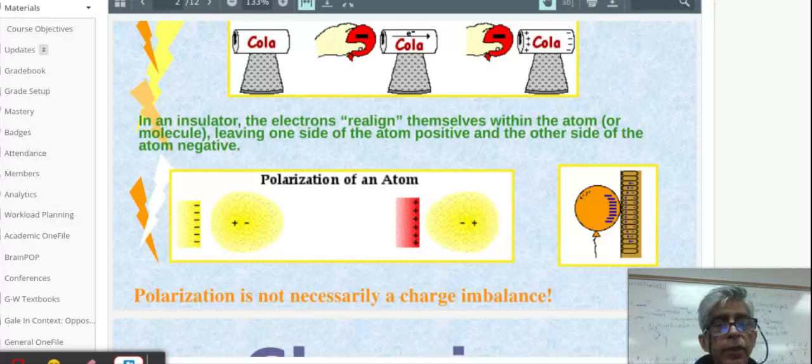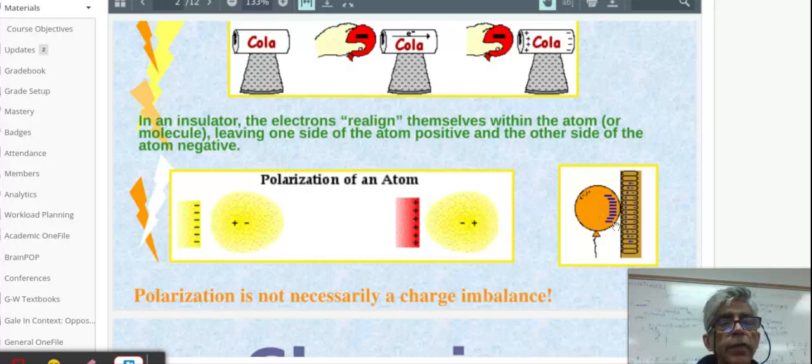And the key here is polarization. If you look over here, when I bring this balloon near here, all the negative charges from it move away from this wall, which is really like an insulator, and it gets polarized. And so it has a charge imbalance where the negative charges have moved to this side and the positive charges are on that side.